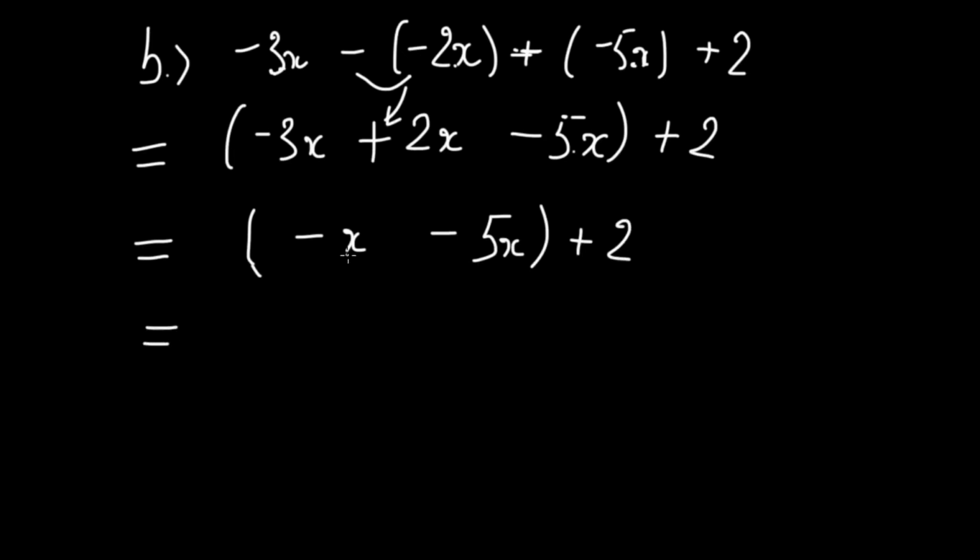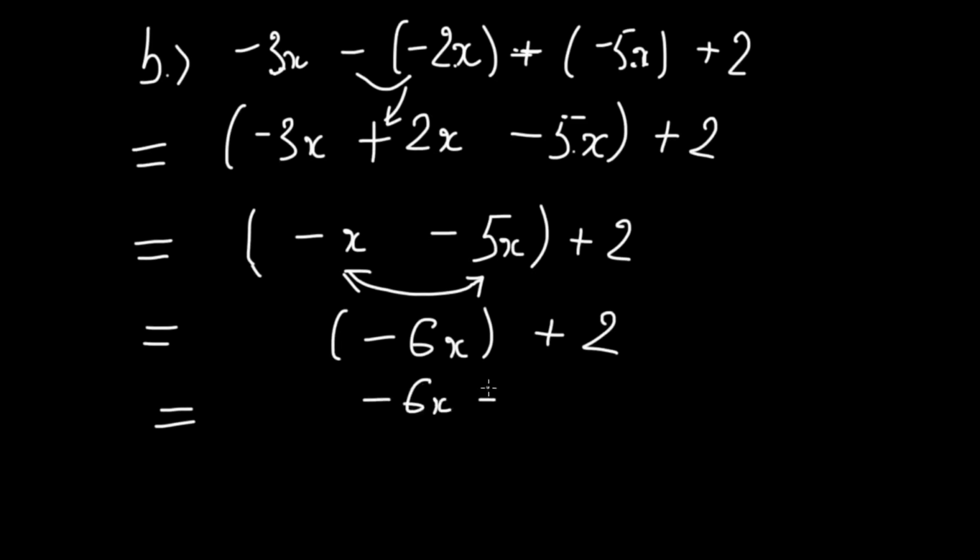Now you get negative 1x and negative 5x together, so you get negative 6x plus 2. This is the final answer for question B, because negative 6x and 2 are not like terms.